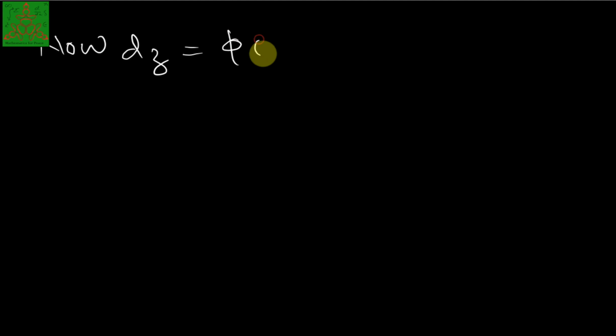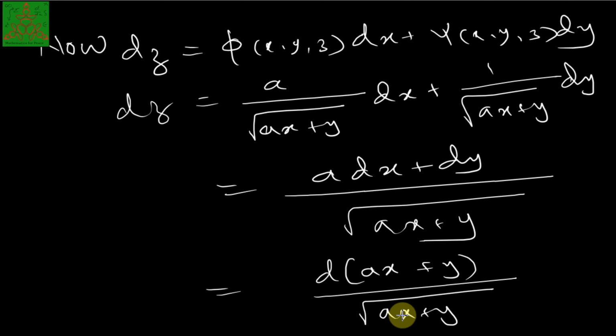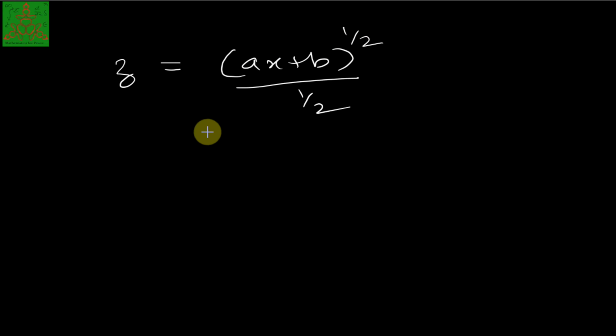And if I consider this ax plus y as t, and take the integration on both sides, then this will give me z equal to ax plus y whole power 1 by 2 upon 1 by 2, plus some constant. Ax plus y is there, not b.